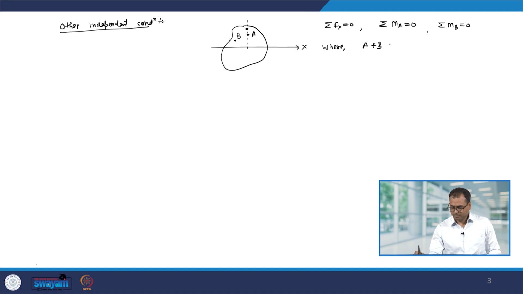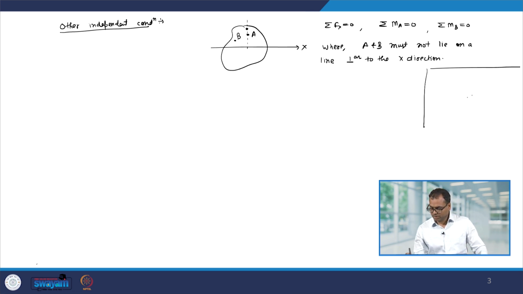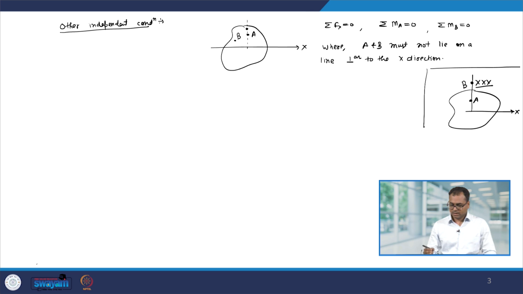A and B must not lie on a line perpendicular to the x direction. Just to repeat, we have this rigid body, this x axis, this is point A, then B cannot lie here, it should be somewhere else. Then this is also a necessary and sufficient condition.